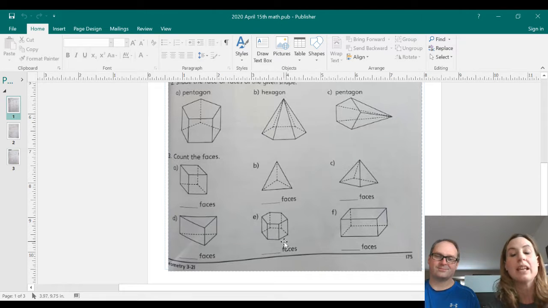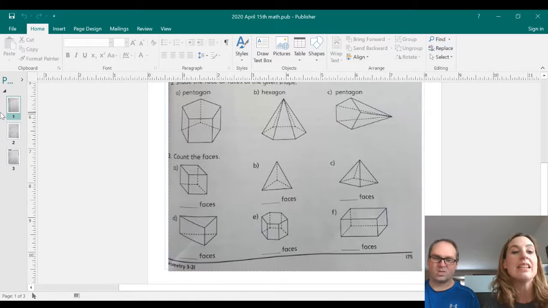So then you would say, okay, there's 2 bases and there's 6 edges, so there's 6 rectangles around, and so 6 plus 2 is 8. While for a pyramid, you only have one base, and then you have 4 triangles connected to that one base. And so then you say, well, I have 4 plus 1 is 5.